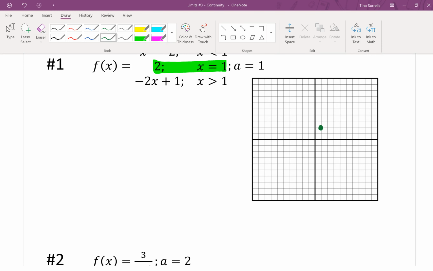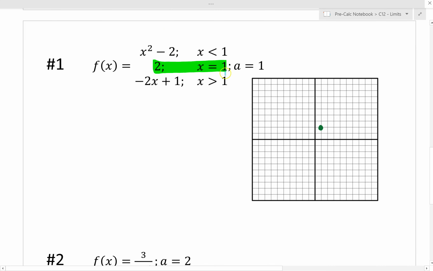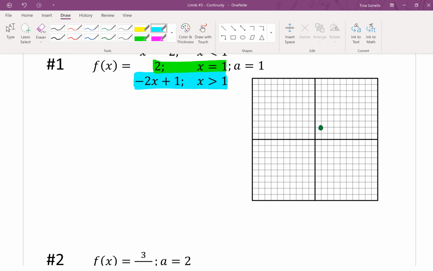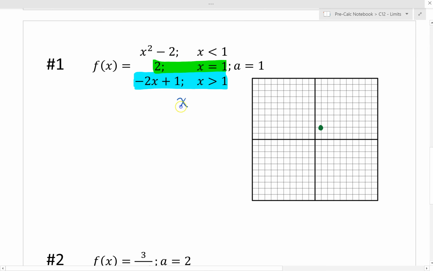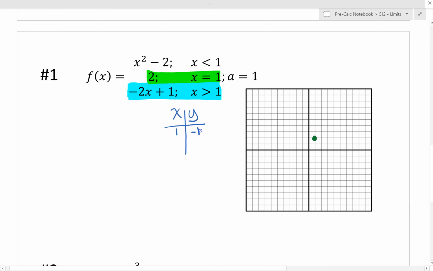Okay, the second one that I would like to do is actually the bottom one right here. Okay, because I think you guys probably have this one down pretty good. So I know some of you guys still like making your charts so that you can visually see where you're starting. So if I was to plug 1 into the function, what would we get? Yep, a -1.